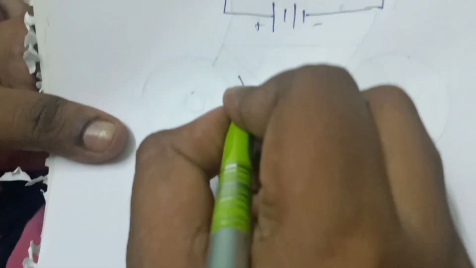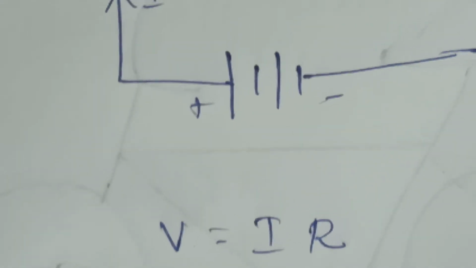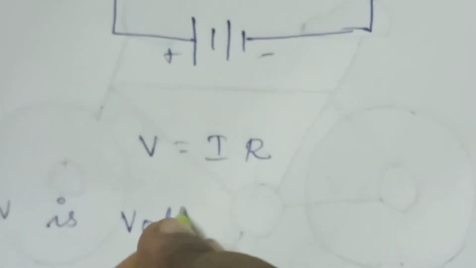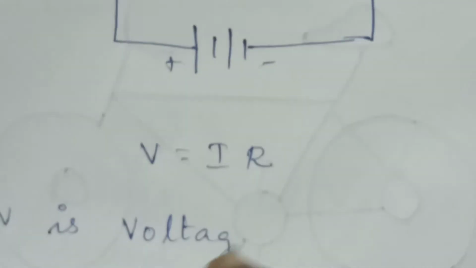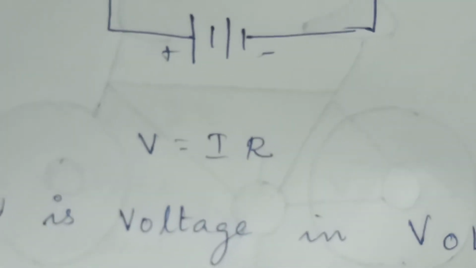So now we know the relation V is equal to IR, where V is the voltage and is expressed in volts.